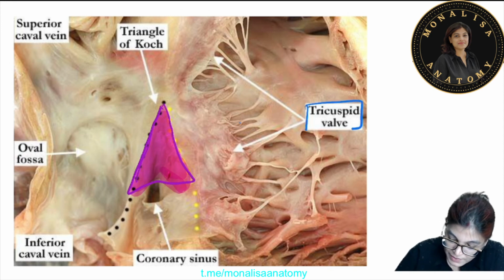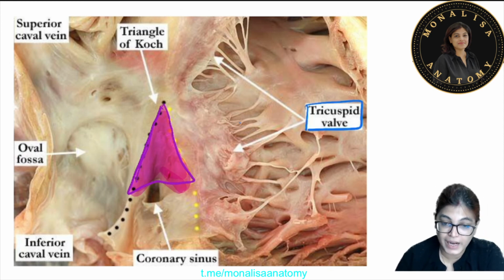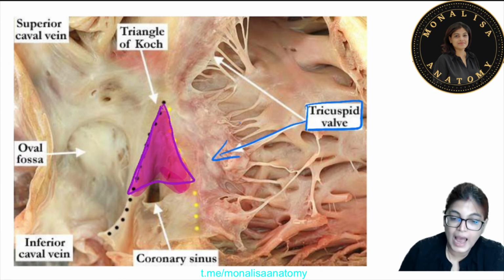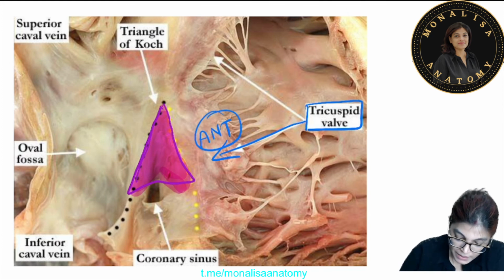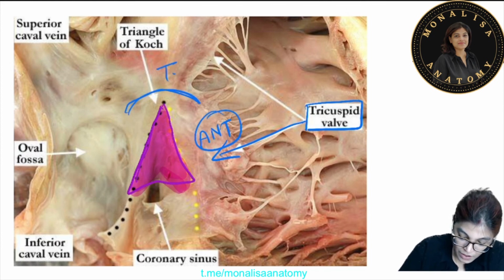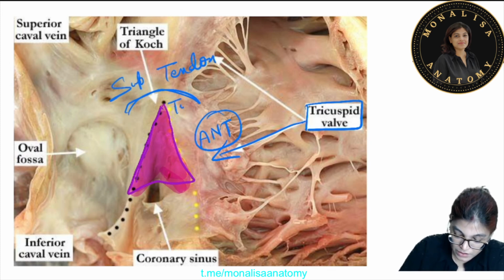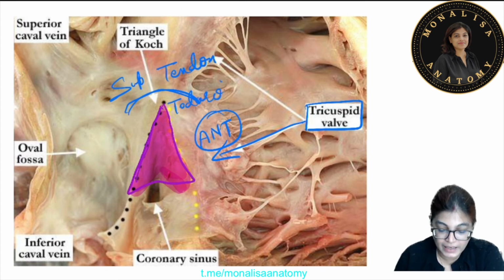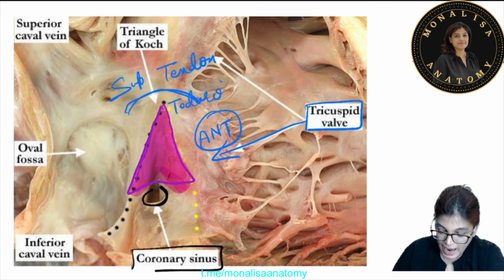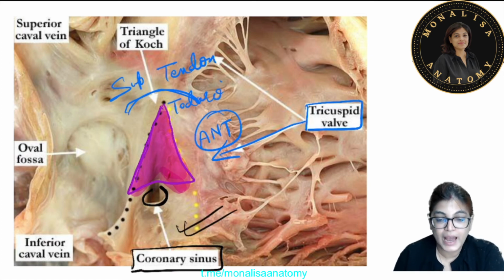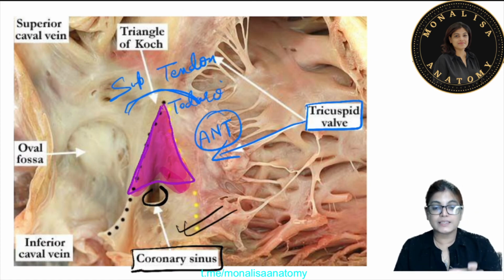The septal leaflet of the tricuspid valve, shown by the arrow, is forming its anterior border. Superiorly it is bounded by the tendon of Todaro, that is subendocardial thickening. And postero-inferiorly it is bounded by the opening of the coronary sinus. In this diagram you can see this opening is of the coronary sinus and it is lying postero-inferiorly. And the important structure lying in it is the AV node.